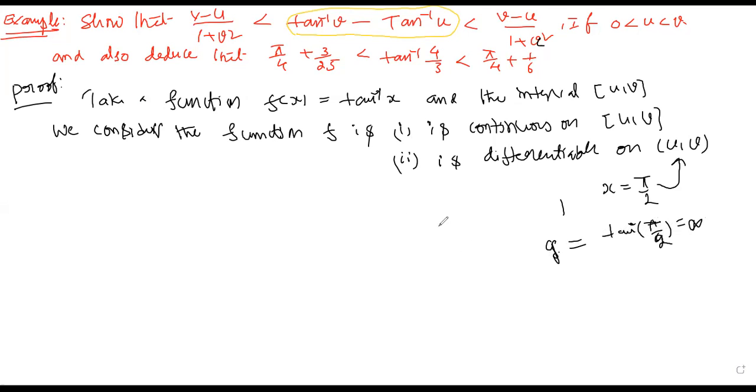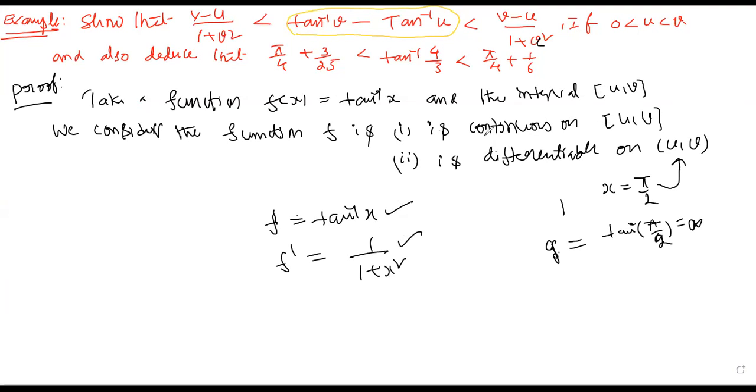Similarly, for differentiation, the given function is f equals tan inverse of x. What is the derivative of tan inverse of x? f dash equals 1 by (1 plus x square). So this tan inverse is always differentiable and also continuous, so this is not a problem here. But in some problems, the given function may not be defined on all intervals.